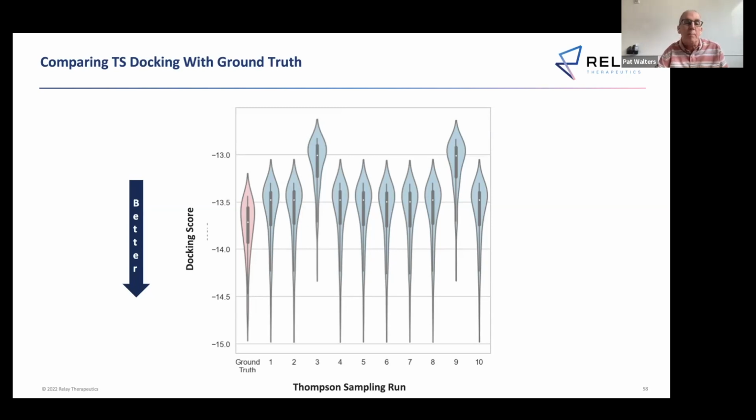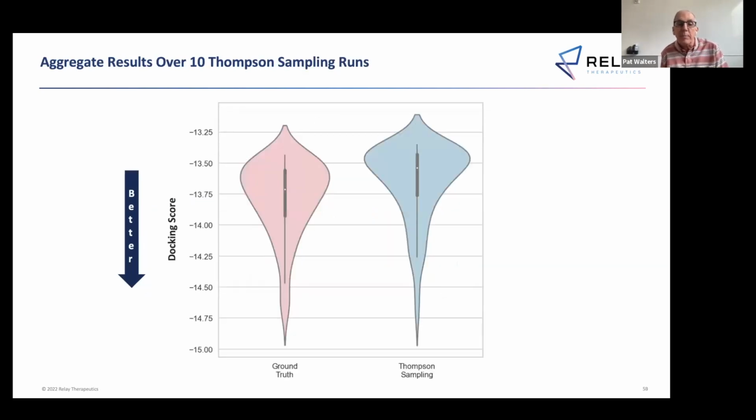And then if we combine those 10 Thompson sampling runs, you can see that the distribution that we get from the Thompson sampling is actually very close to the distribution that we get from the brute force virtual screening by only screening 0.5% of the final database.